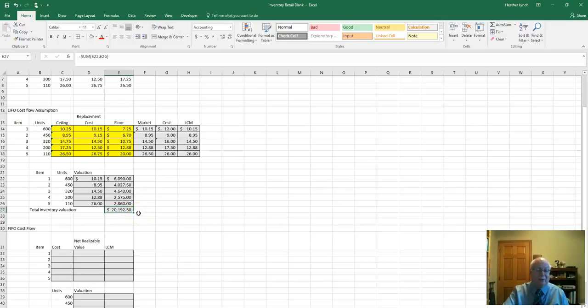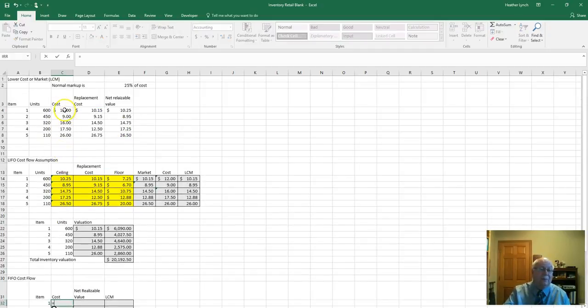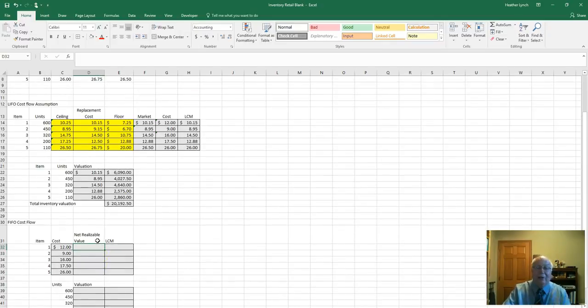This is applied individually. Now for the FIFO method, we take the cost, which will come back up here to my original one, and we'll simply copy the cost down, just like we did before. Then for FIFO, we don't go through all that other.